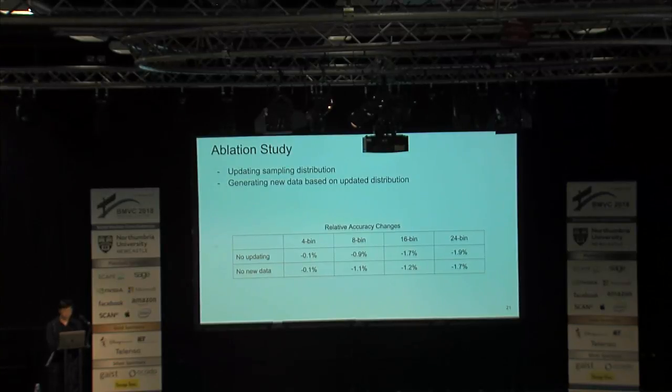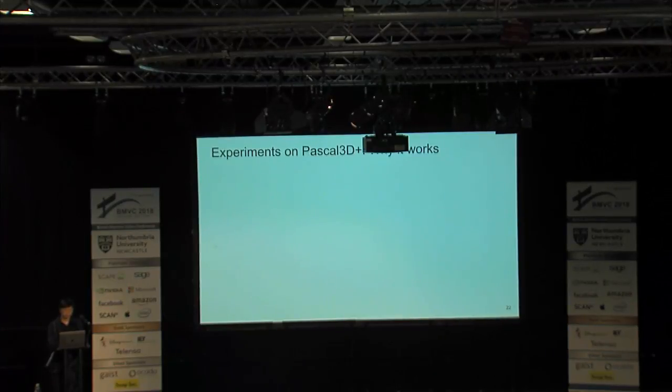Switching off the first turns it back to the baseline with more data sampled, while switching off the second means we only allow our approach to sample from the original 2.4 million synthetic images. In both cases, accuracy drops. So this shows that both generating and sampling strategies are useful yet complementary to our approach.